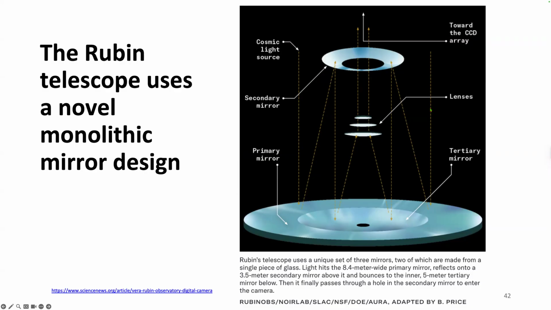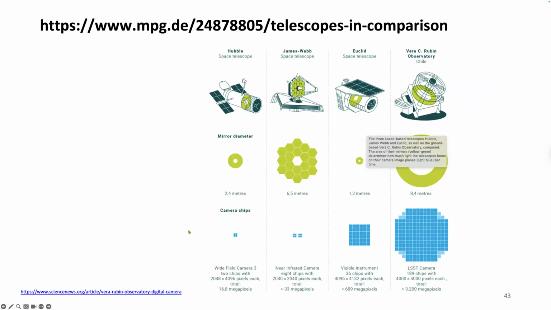And then it does have lenses. I mentioned that we're trying to avoid lenses. Well, because of the huge field of view the Rubin telescope is going to achieve, it needs some glass. The light has to go through glass. But as you see, it's working great, and it's going to be a huge benefit.